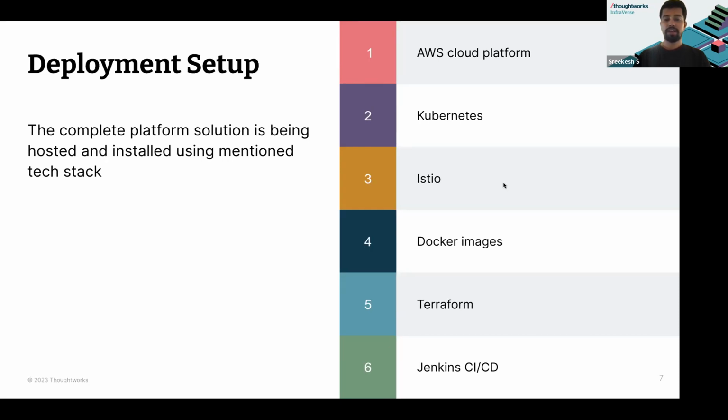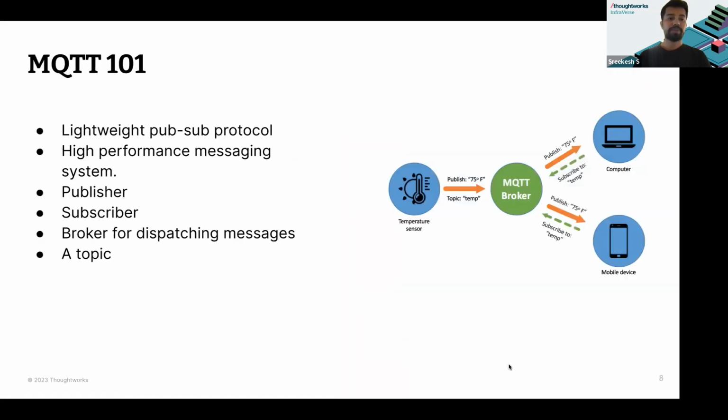To configure the infrastructure, we made use of Terraform scripts for provisioning. We also had Jenkins as part of the CI/CD plugins for continuous integration of the individual core services.